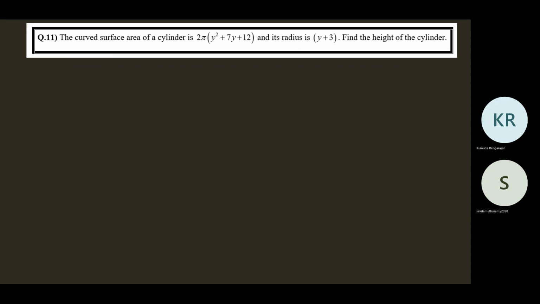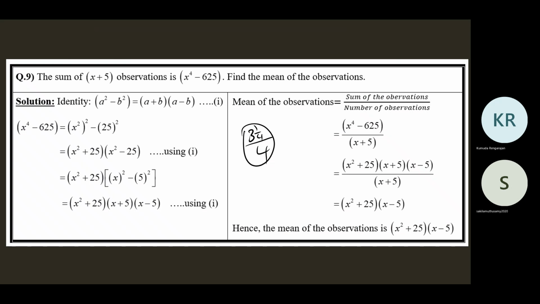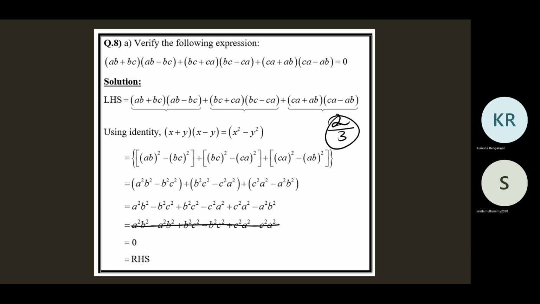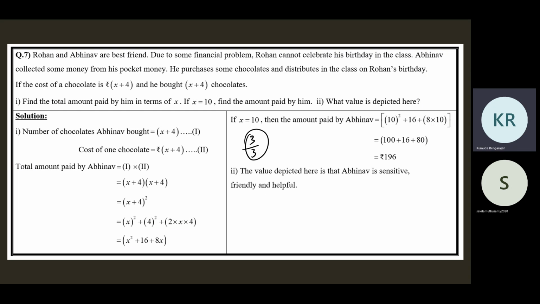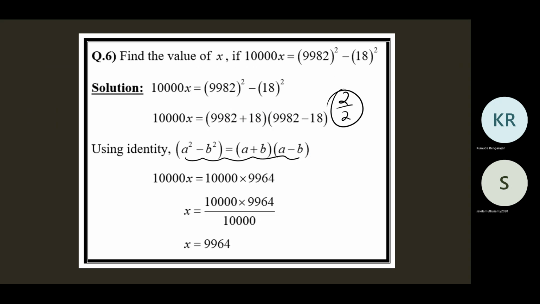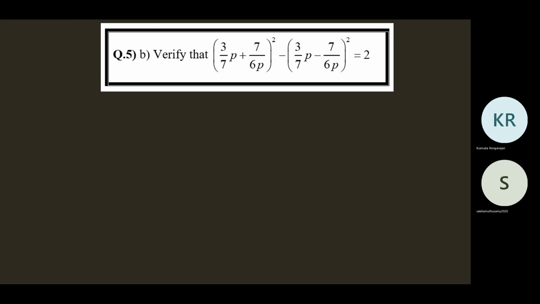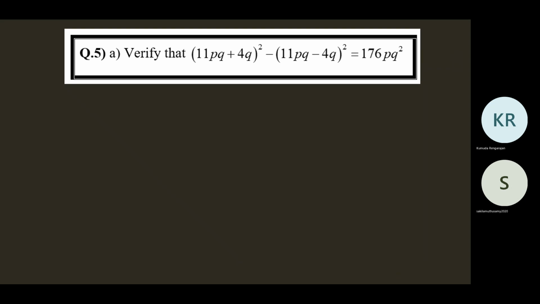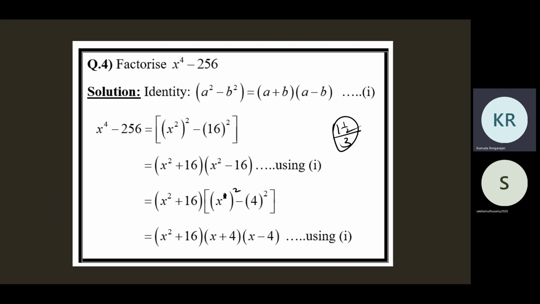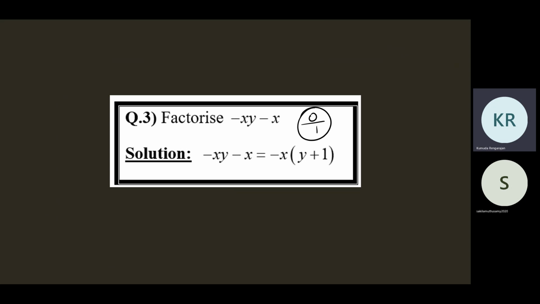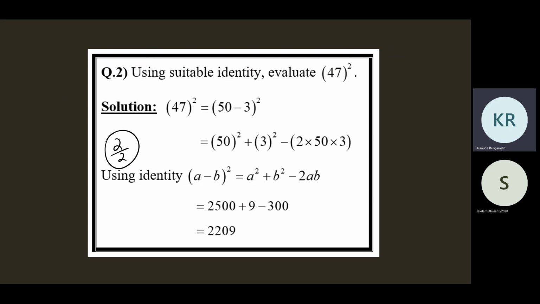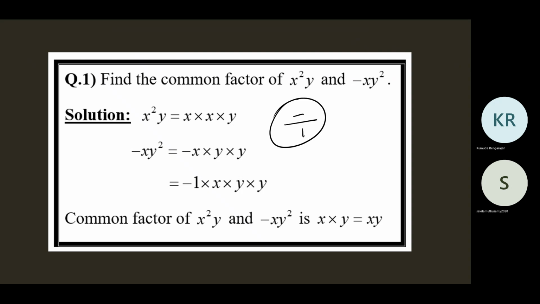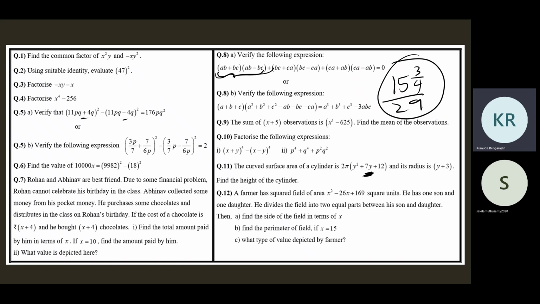So 2.5, 3.5, 6, 6 and three-quarters, 7, 8 and three-quarters, 11 and three-quarters, 13 and three-quarters, 14, 15 and a quarter, 16, 17 and a quarter. So you get 17 and a quarter for 29.